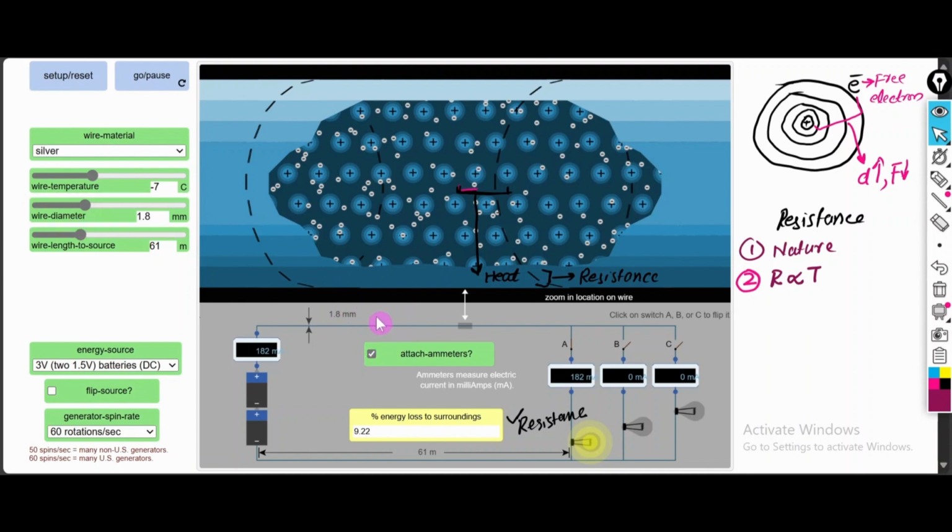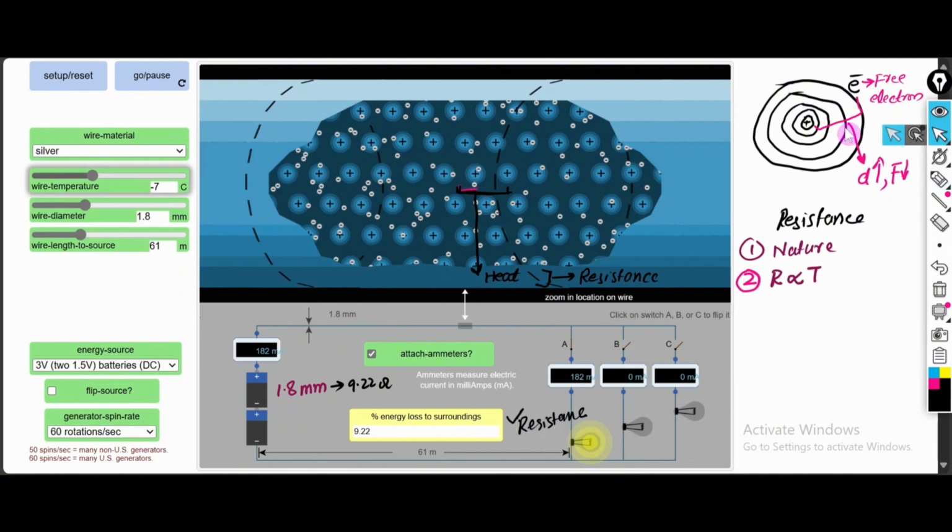In other words, we can say the area of this wire or the diameter of this wire. By default, this diameter is 1.8 millimeter, and in this case the resistance is 9.22 ohm.